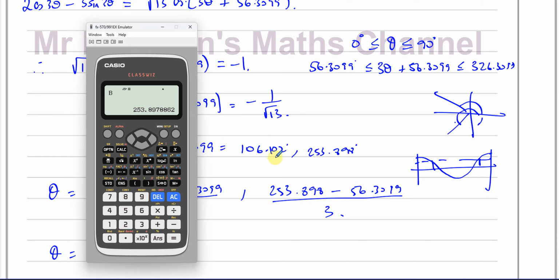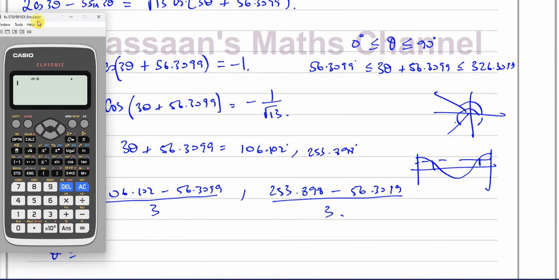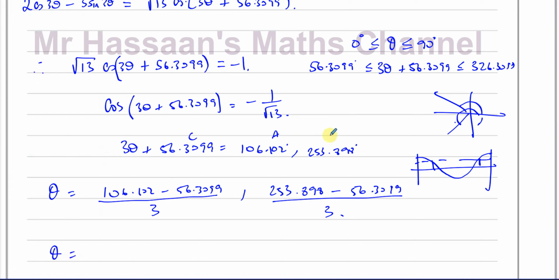Yep, that's B. And I want to store this as A, actually. Okay, so I'll store this as A. That's better. Let's get this one as well, stored as C, just to make everything exact. All right, so now this is C, and this is A, and this is B.